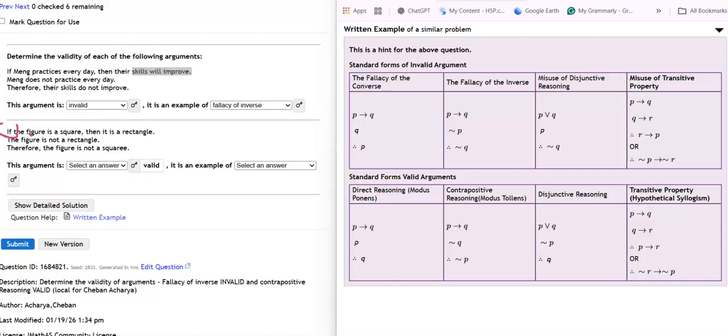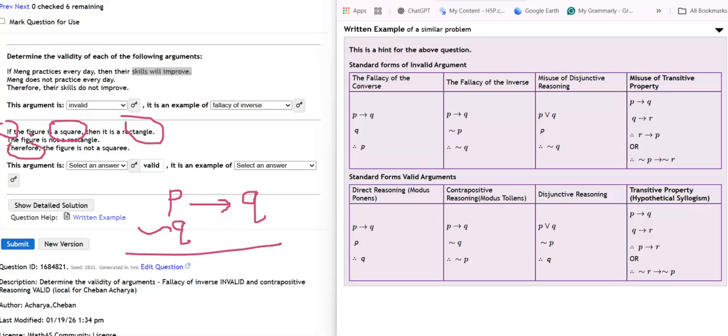Again this is an if-then, so it's a conditional: P right arrow Q, where square is P and rectangle is Q. Now the figure is not a rectangle, which is not Q. Draw the line, and therefore the conclusion: the figure is not a square, which is not P.